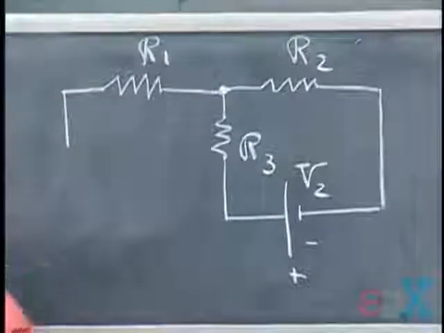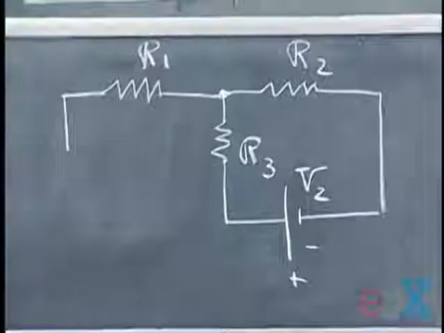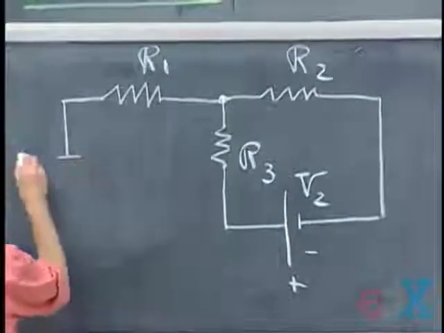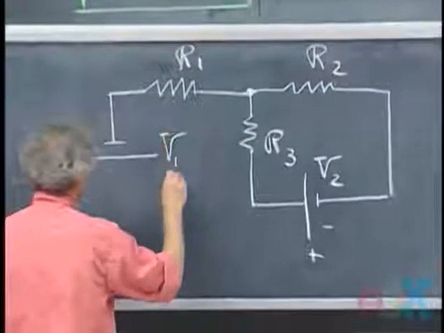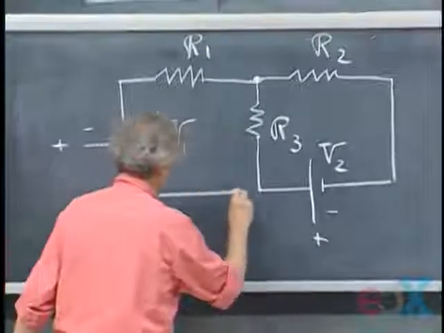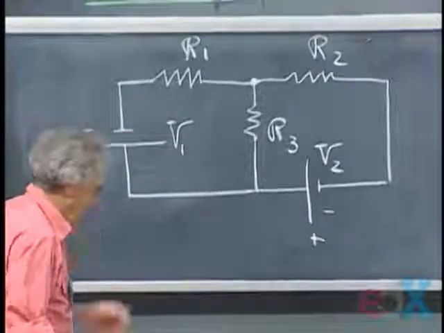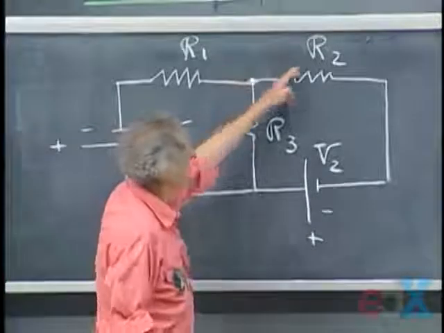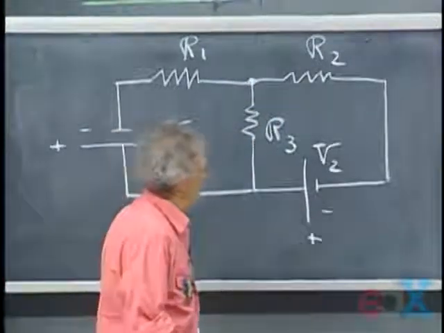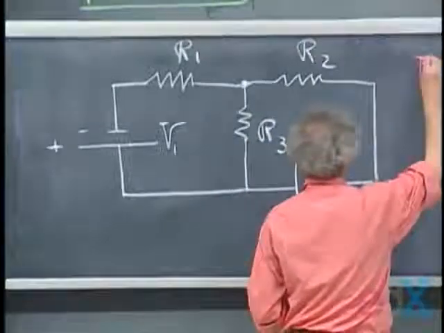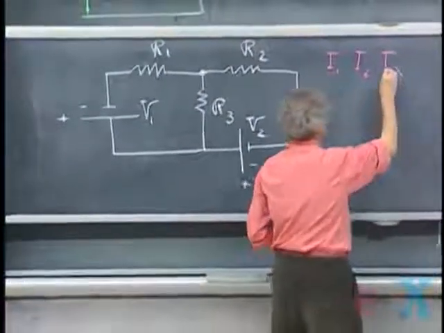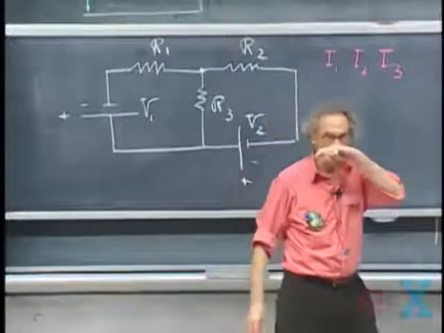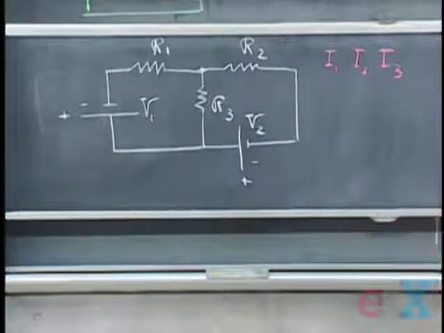And here I put also a battery, let this be the negative side, and this be the positive side, and let the potential difference be V1. And so imagine that you know V1, V2, R1, R2, and R3. But what I'm going to ask you is, what is I1, what is I2, and what is I3? I want the magnitude, and I want the direction.